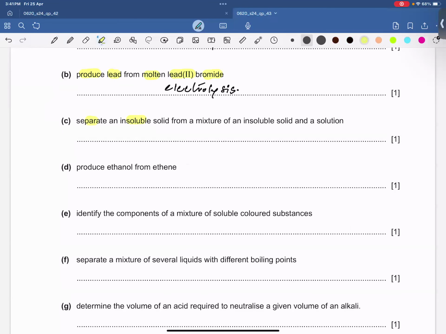Separate an insoluble solid from a mixture of insoluble solid in a solution. Distillation. Filtration भी हो सकता है, हम filtration की तरफ जाएंगे because insoluble solid कह रहा है.